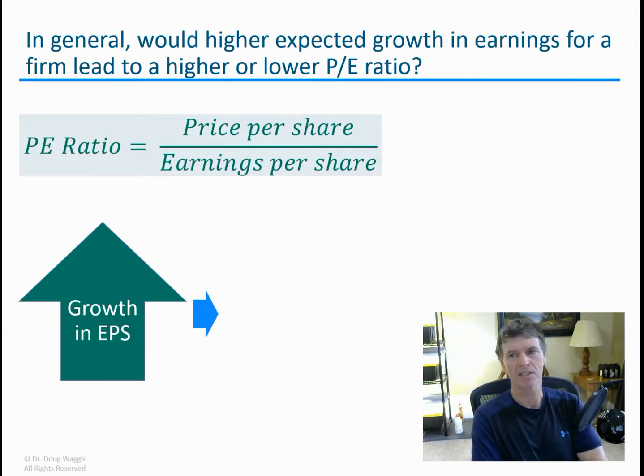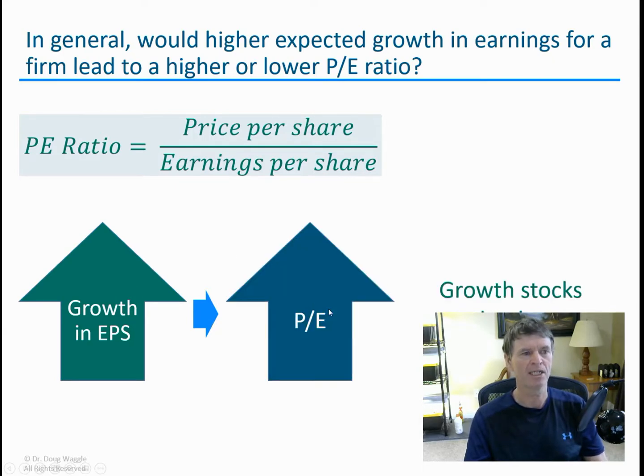We've got a company with really good growth prospects. What would that generally mean for the PE ratio? Higher growth prospects for earnings and revenue generally mean higher PE ratios. So growth stocks that are expected to grow quickly tend to have higher valuations, which means higher PE ratios.